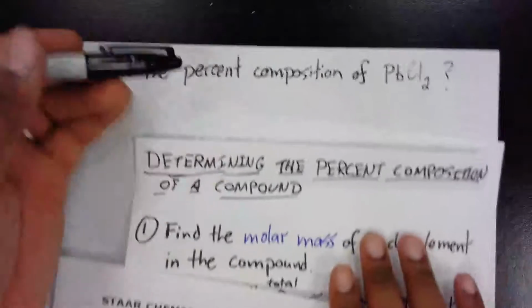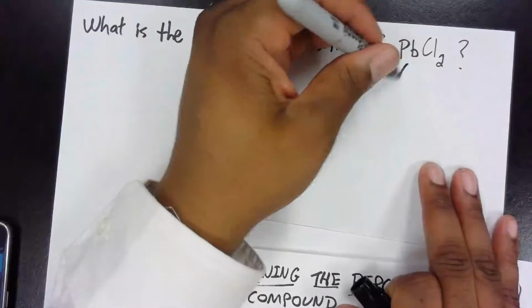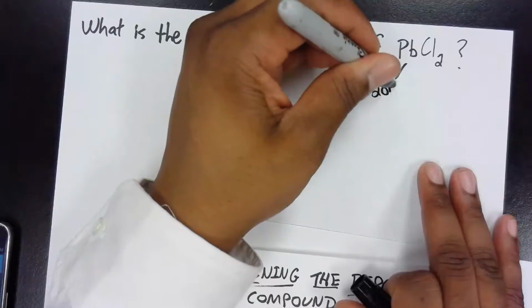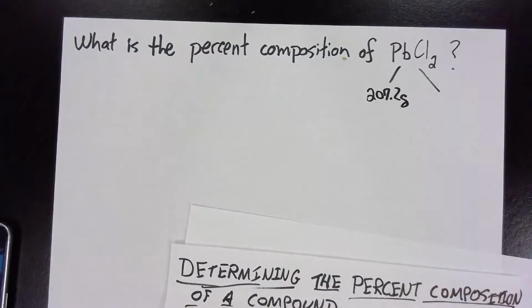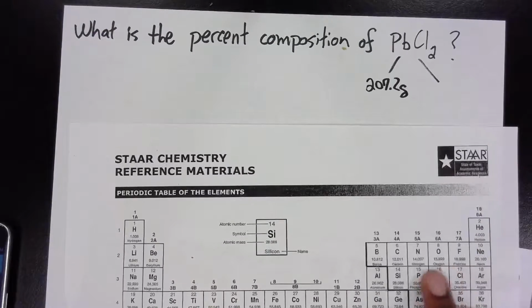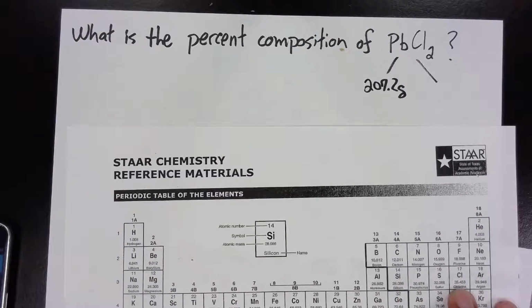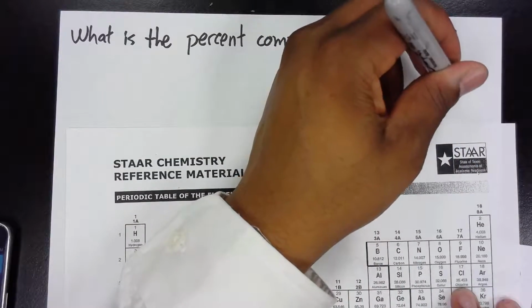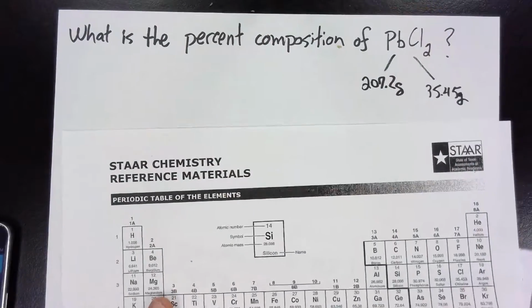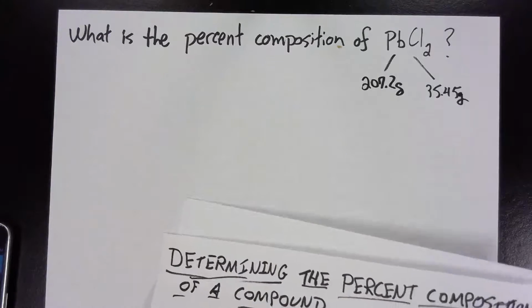So I know my Pb is going to be 207.2, and my molar mass of chlorine is going to be 35.45 grams. So that was our first step, getting the molar mass of each element.